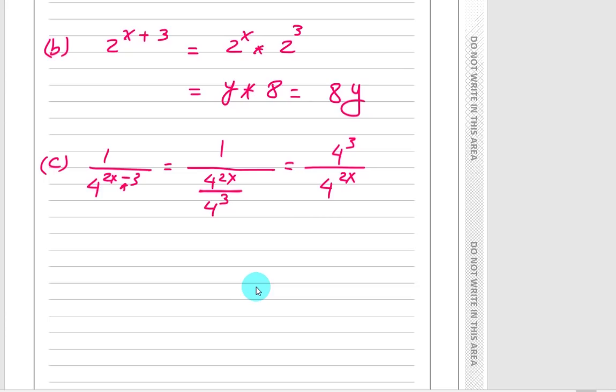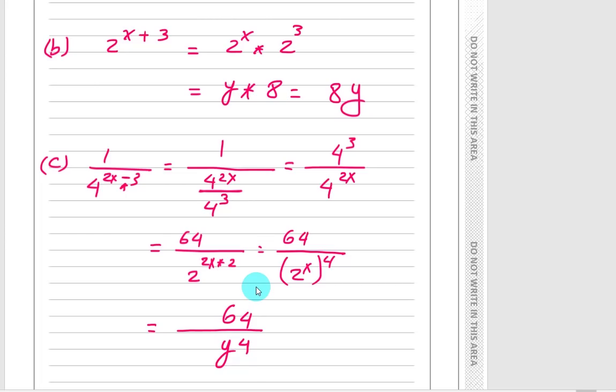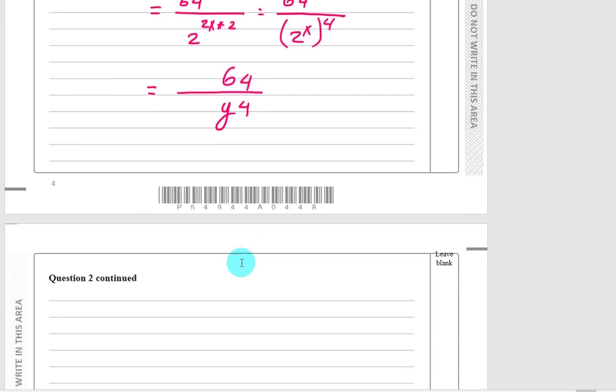So it equals 64 divided by (2 power x) power 4... so 64 divided by 2 power 4x. So it equals 64 divided by y power 4. Okay, let us go ahead to another question.